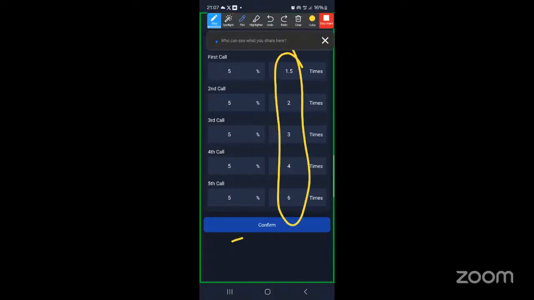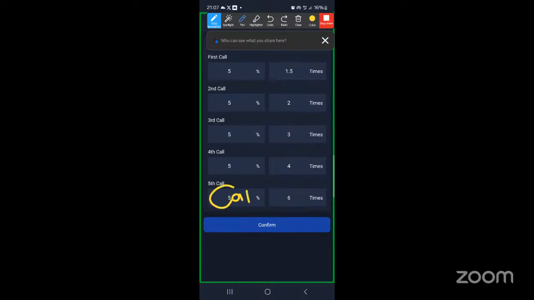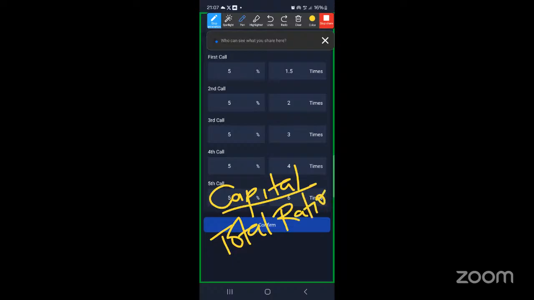So this is the first buying amount, which we added. We got capital 500 divided by the total ratio, and that gives you the first buying amount.